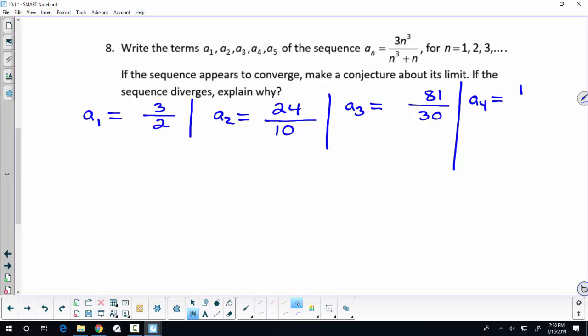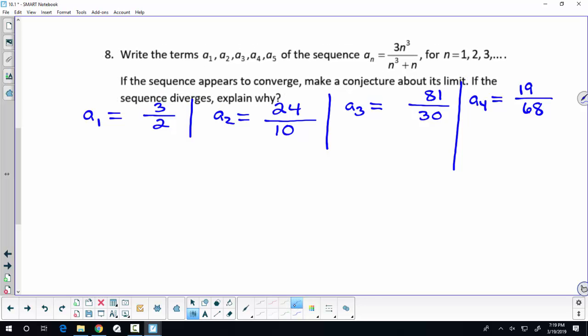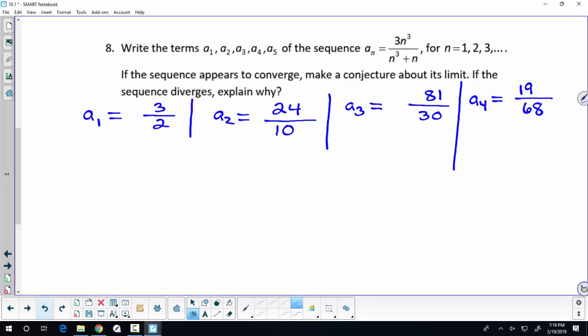We got 192. Use the calculator. And the fifth term: 375 over 130.